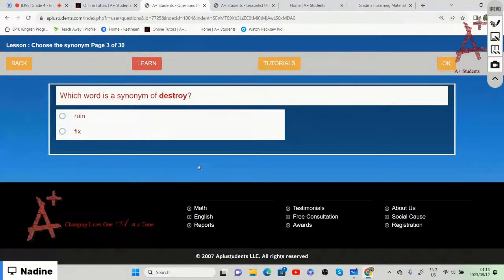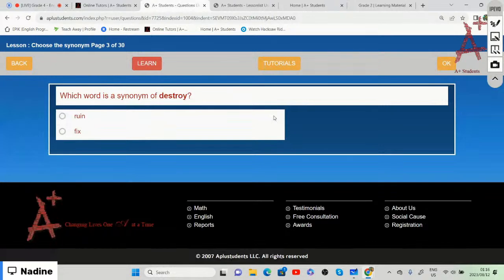Which word is a synonym of destroy? If you are destroying something, does it mean that you're ruining something or you're fixing it? We need to find the synonym, the word that is the same as destroy, either ruin or fix.